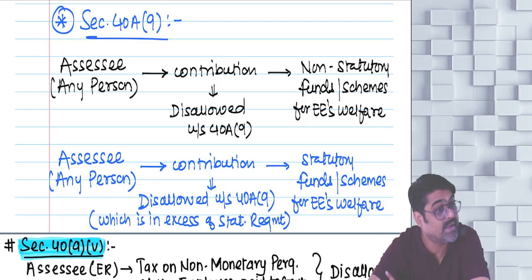Can you contribute to statutory funds of your employees? Statutory meaning the law tells you to make such funds, such schemes. And as per the requirement of law, you have made such funds or schemes. If you are contributing to those, those contributions are going to be allowed. Like we allowed contribution to RPF, ESF, approved gratuity fund, and NPS, National Pension Scheme.